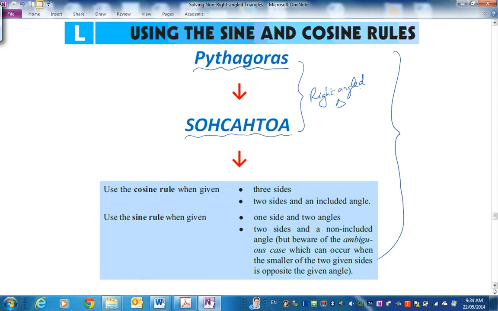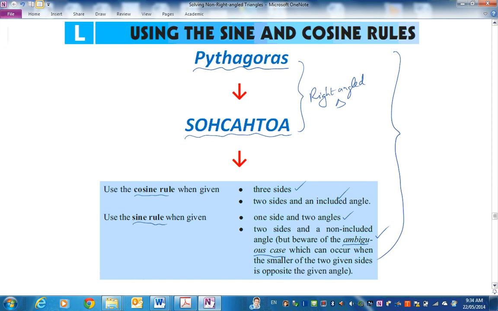Then, if you haven't got that, you could use the cosine rule or the sine rule, depending on what you're given. So if you're given 3 sides or 2 sides and an included angle, use cosine rule. If you're given 1 side and 2 angles, sine rule. Or 2 sides and a non-included angle. But look out for the ambiguous case, when the smaller of the 2 given sides is opposite the given angle.